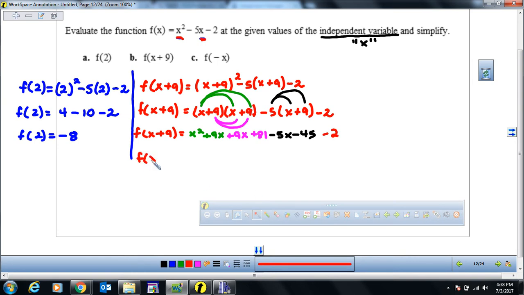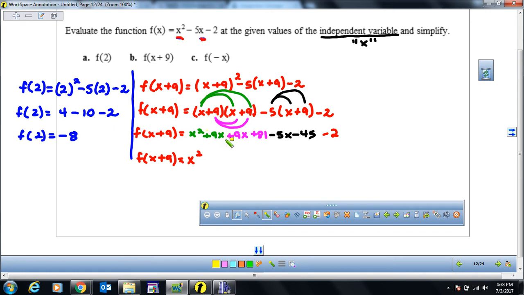What else can we do to simplify this? We can combine like terms. So the x squared is going to go alone. Then what we can combine is the 9x plus the 9x minus the 5x to begin with. So 9x plus 9x is 18x, minus 5x is plus 13x. Then we can also combine the 81 minus 45 minus 2.